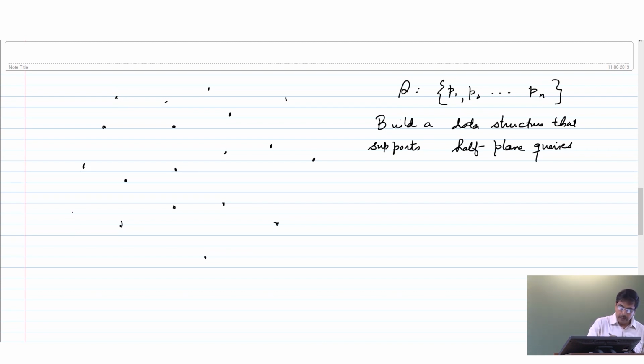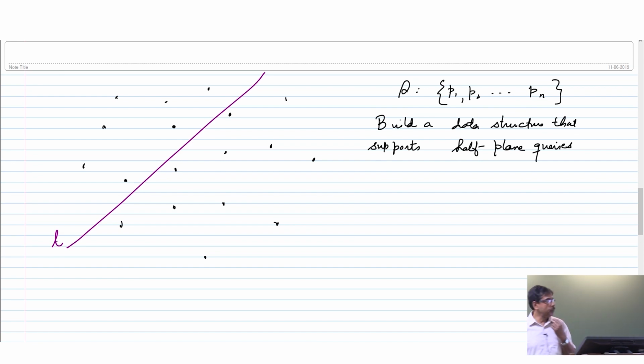So, my input is a set of points and my query is a line, and I want to know, let us say, how many points occur below this line. So, it could be a counting query like how many points, or it could be which points occur below this line. Okay. Below means the one that contains y equal to minus infinity, above is plus infinity. Okay.